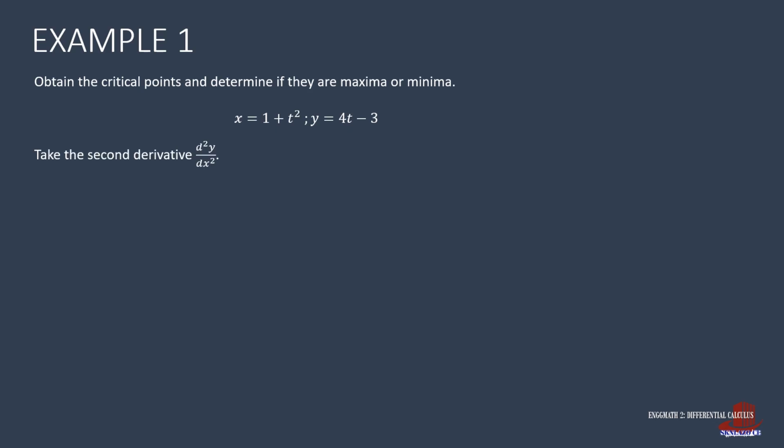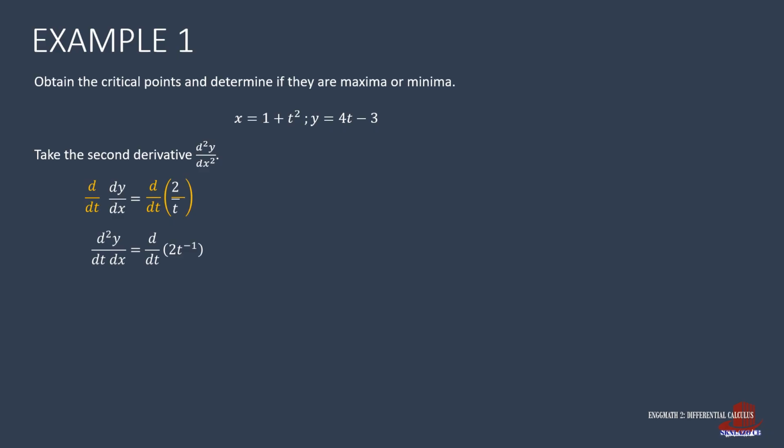After identifying the critical point, we figure out if it is a maxima or minima, and that is done by taking the second derivative of y with respect to x. But since the function is still in terms of t, we can just differentiate the function with respect to t, making d squared y over dt dx the derivative of 2 times t raised to negative 1.